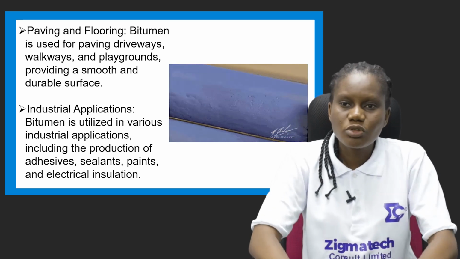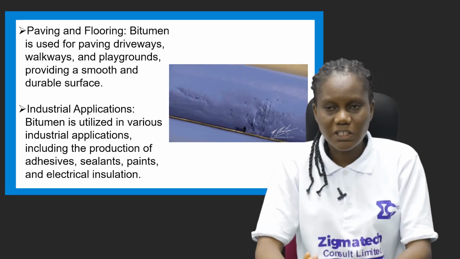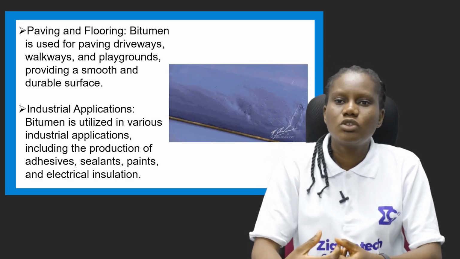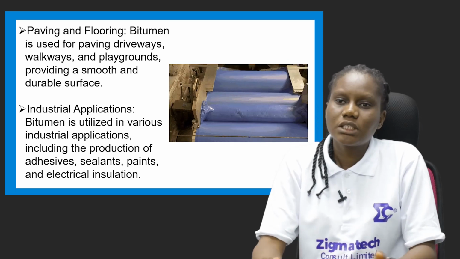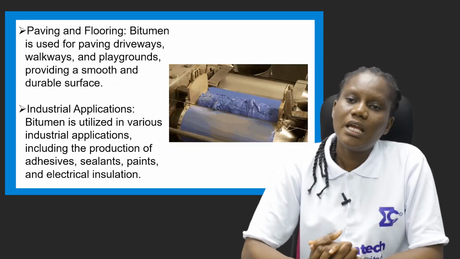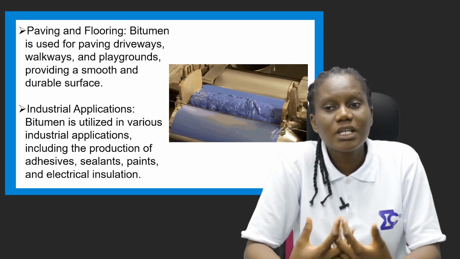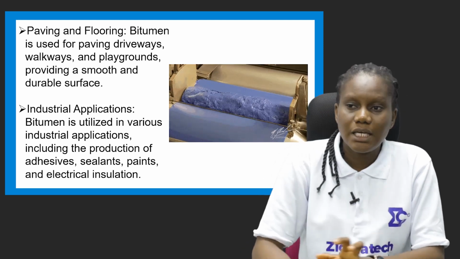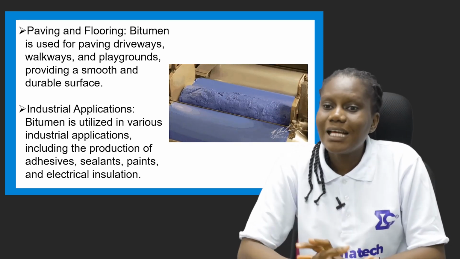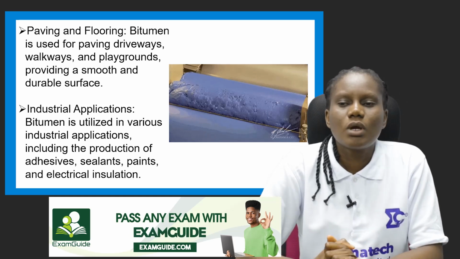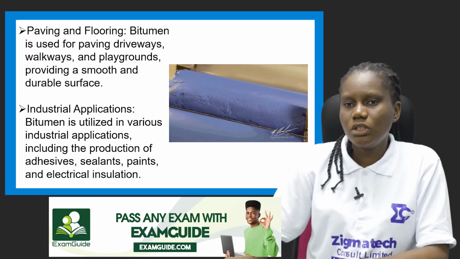So because of its durable surface and its viscous property, it's smooth, you can use it to pave your ways. And also in flooring. We also have an industrial application. Bitumen is utilized in various industrial applications, including the production of adhesives, sealants, paint, and electrical insulation. So our bitumen has its usage in that.